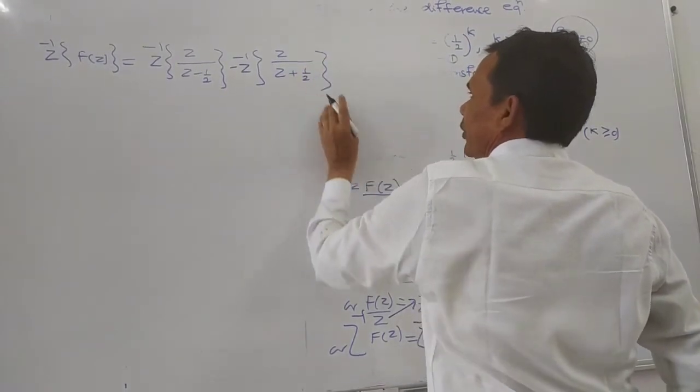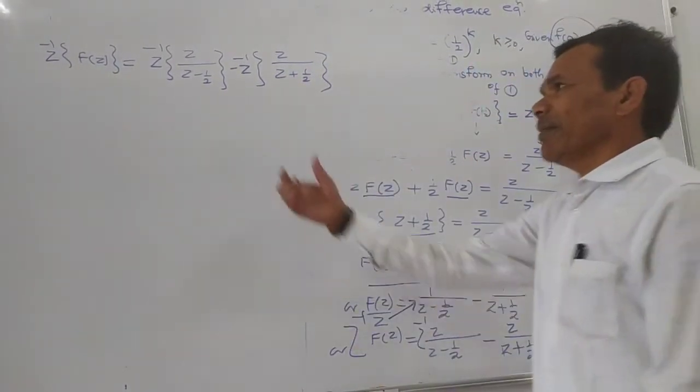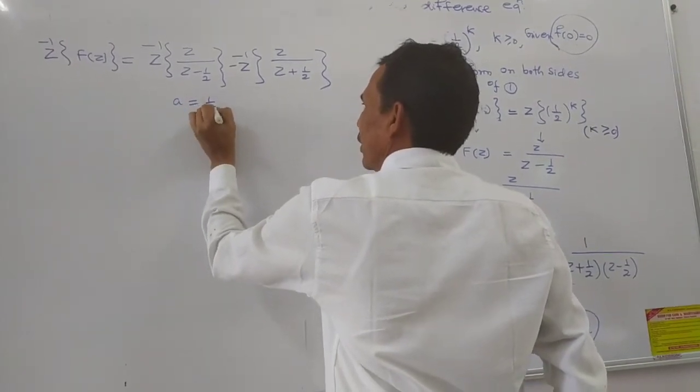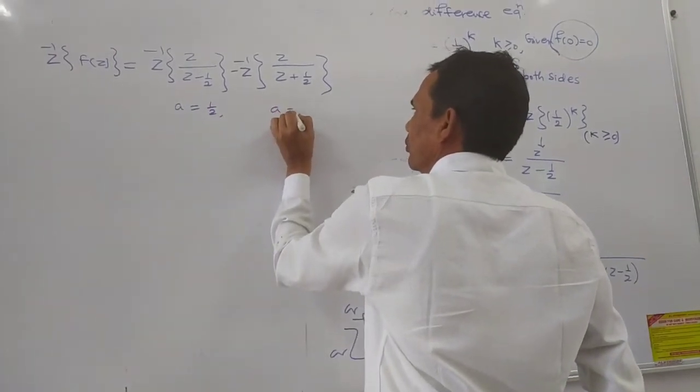Now we use the formula for the inverse of z upon z minus a. Here a is equal to half, and in the other term a is equal to minus half.